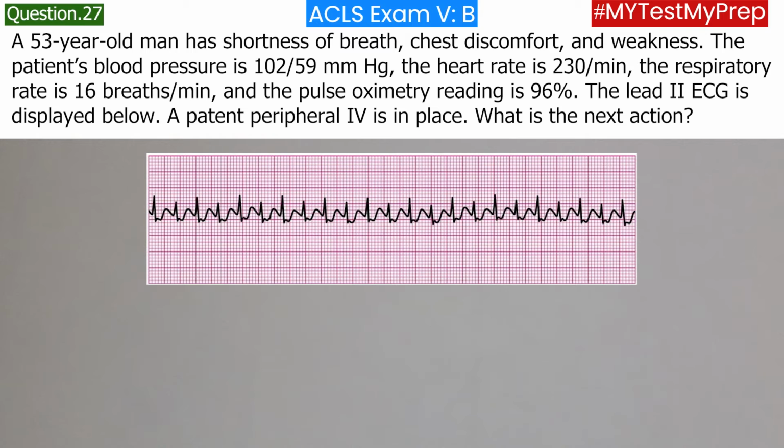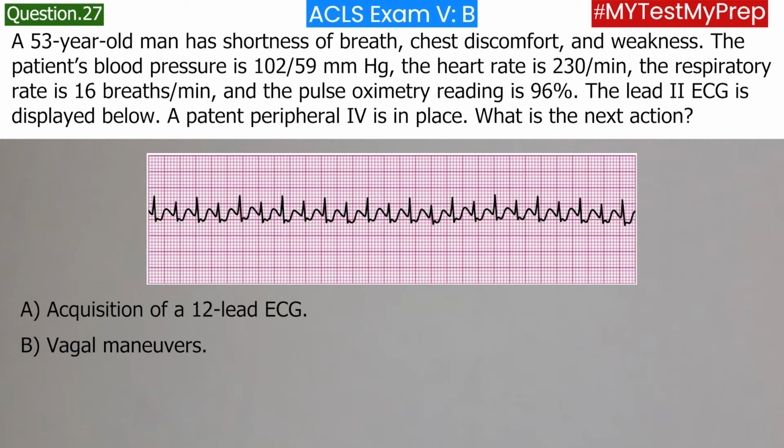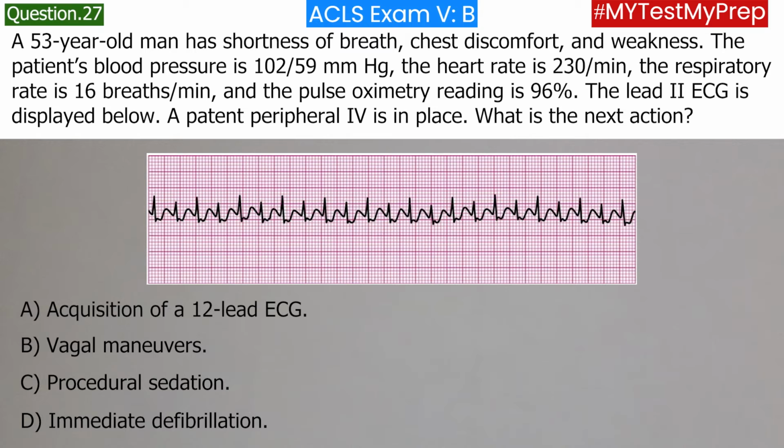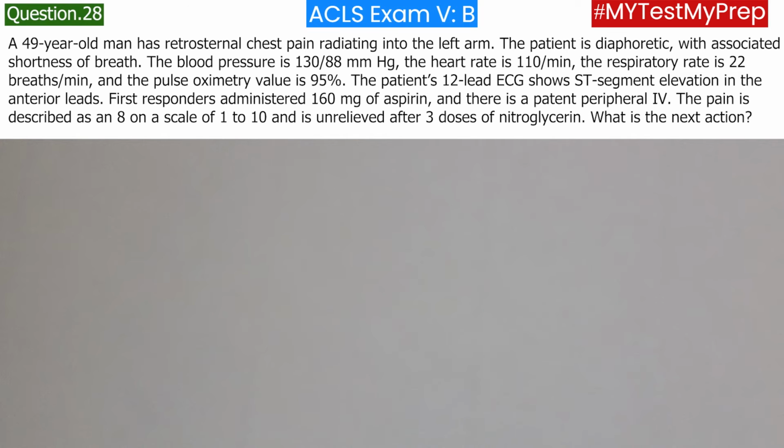What is the next action? A. Acquisition of a 12-lead ECG. B. Vagal maneuvers. C. Procedural sedation. D. Immediate defibrillation. Answer: B. Vagal maneuvers.